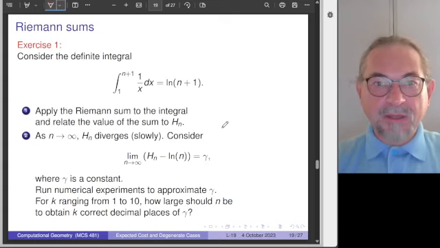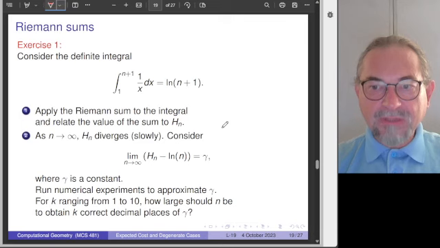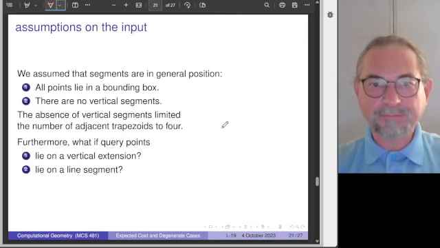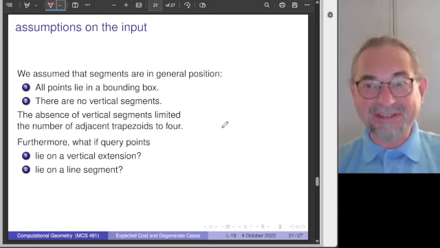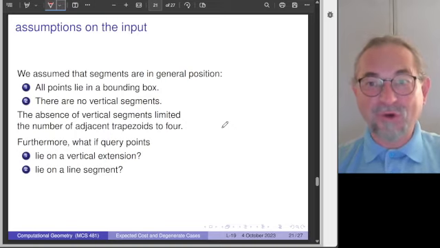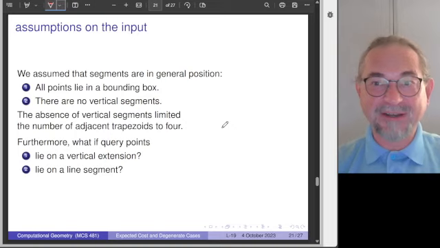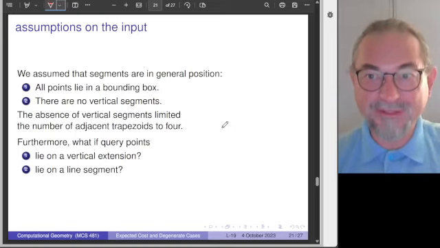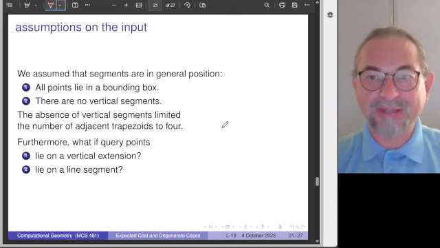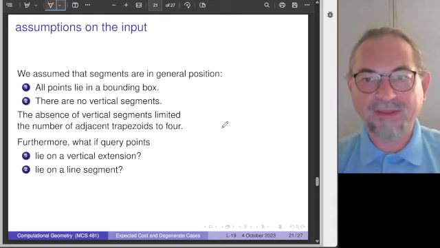Okay. The main part of the lecture is over, but let me say something about degenerate cases. And in some sense, degenerate cases means that there are no vertical segments. If you think about the real world, we cannot have a road that goes straight from south to north.